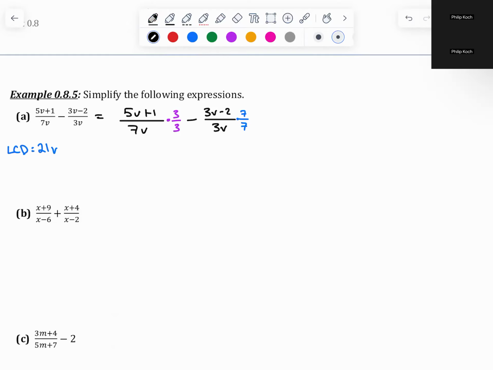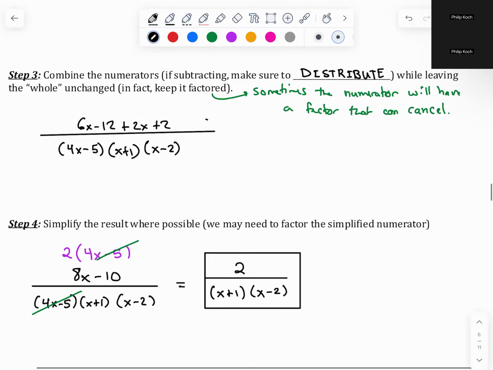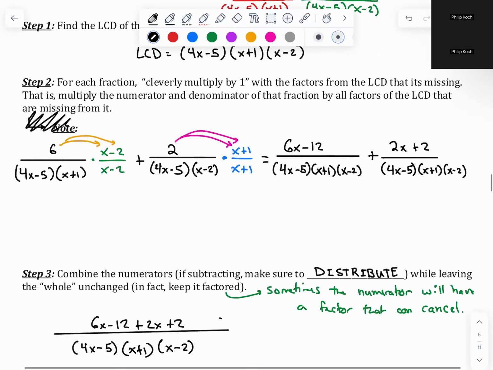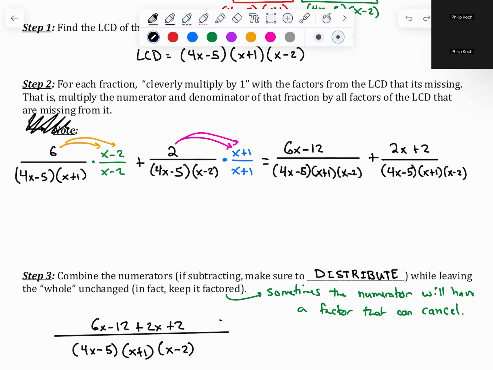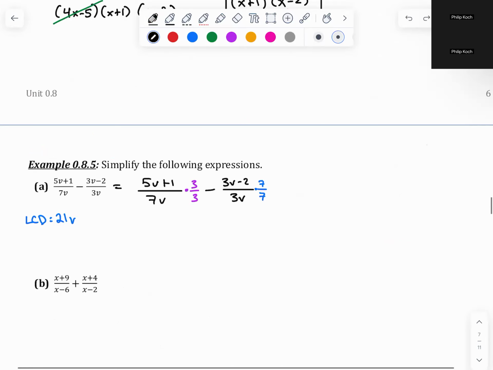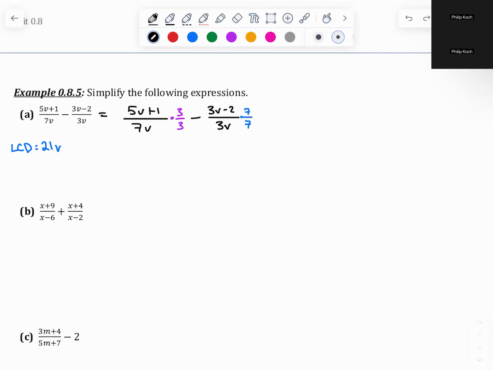So this is where I typically, going back up, don't worry if you haven't finished it, I typically skip writing this step and go straight to here, and I'll show you why. By doing what I've done in purple and blue, by multiplying by 3/3 and by 7/7, I have guaranteed that they have the same denominator.